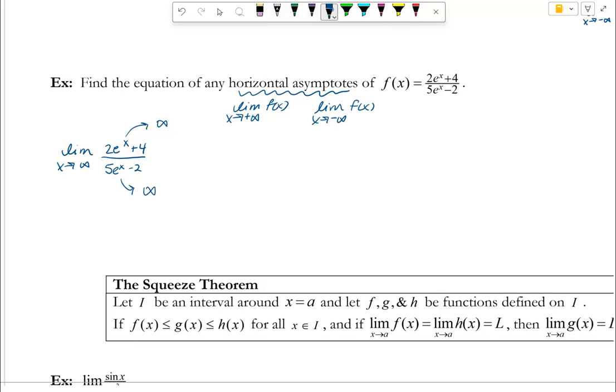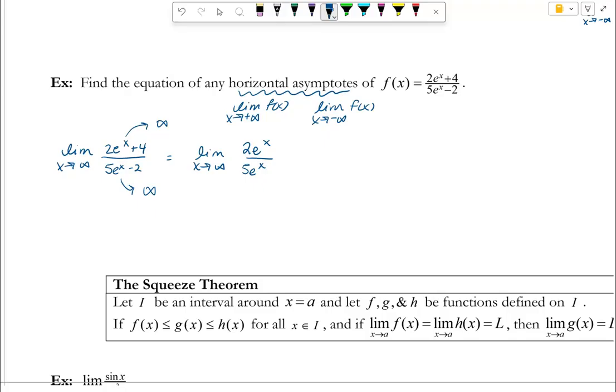So if I just look at my fastest growing pieces, I could consider the limit as we approach infinity of 2e^x over 5e^x. The reason we can ditch the +4 and the -2 is because we're plugging in huge values, and 2e^x is so big that adding 4 is insignificant.